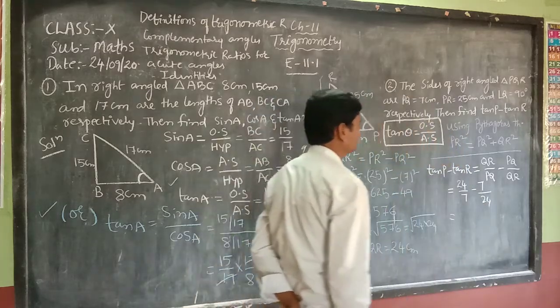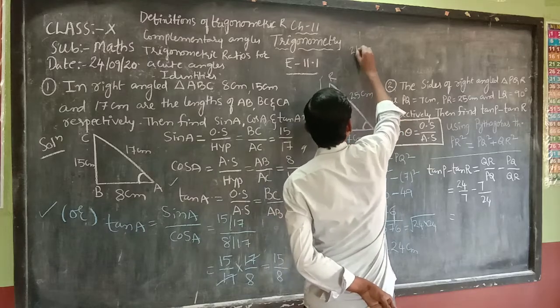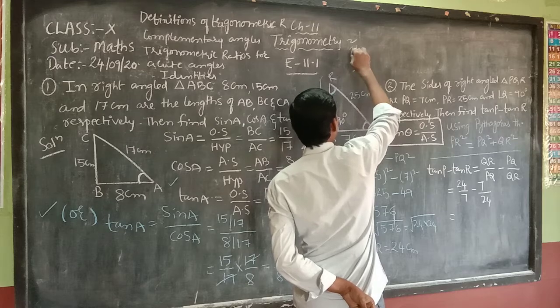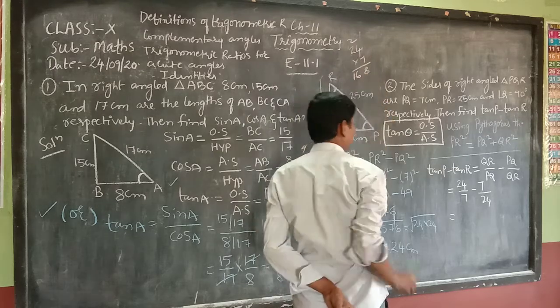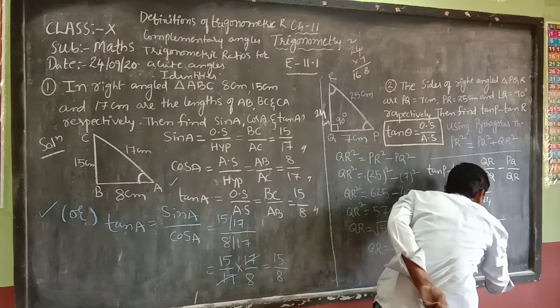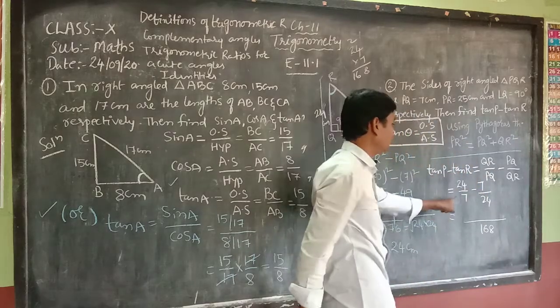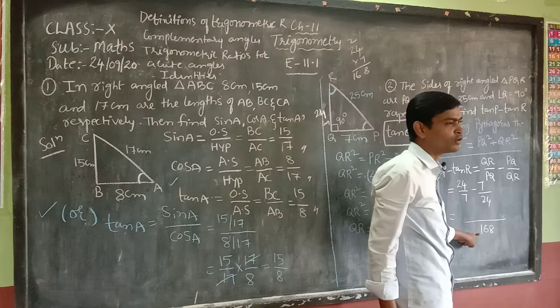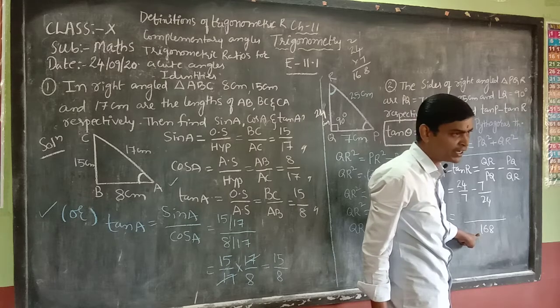24 sevens are... 7 fours are 28, carry 2, 7 twos are 14 plus 2, 16. So 168. In the 7 table, how many times will 24 go? 7 24s are 168.